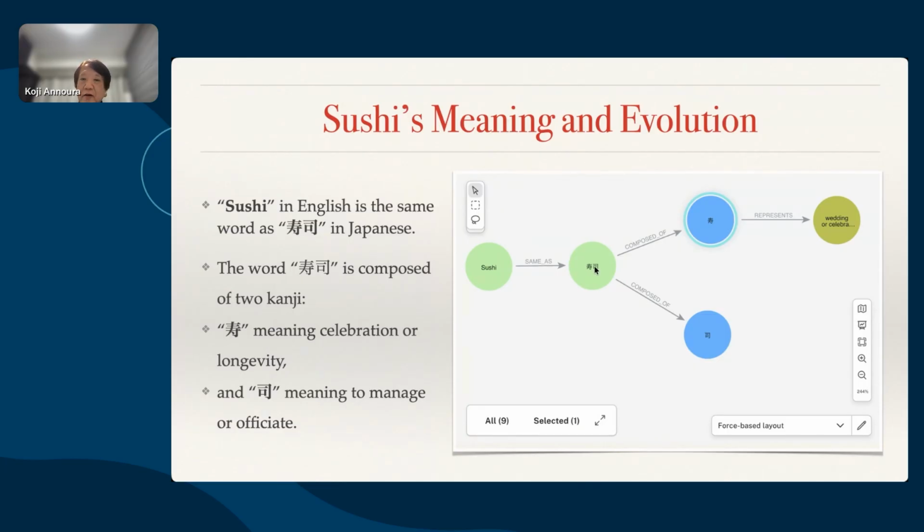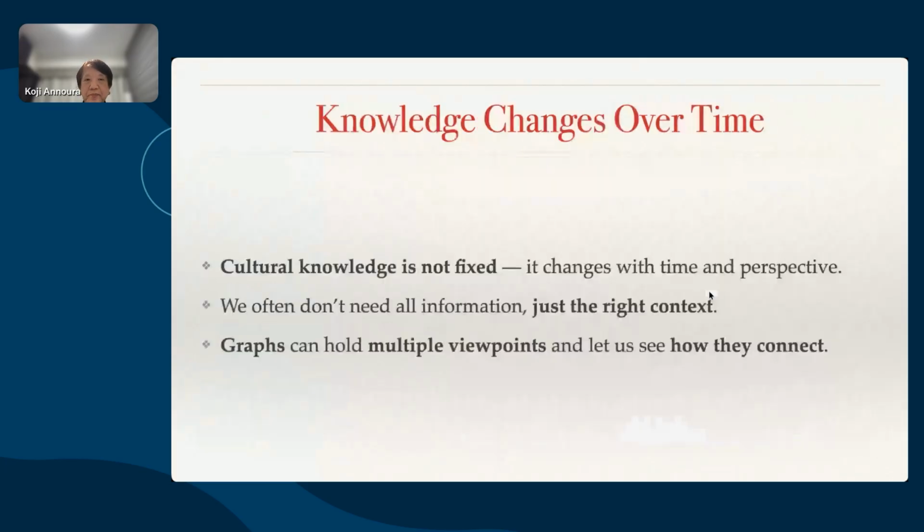Okay, the Japanese word sushi is composed of su, kotobuki, and shi, tsukasadoru. Kotobuki represents a wedding or some party or celebration. It's really interesting where our word comes from.